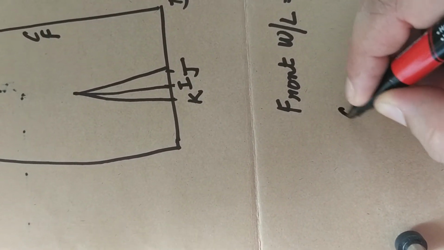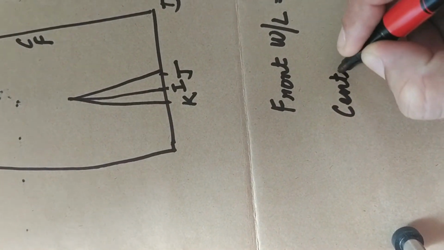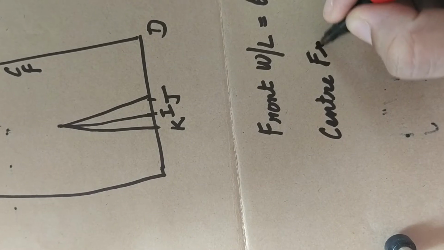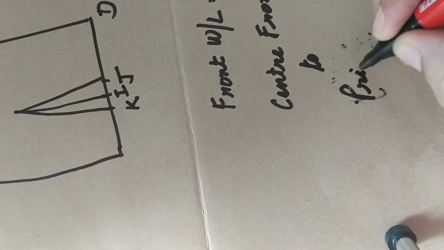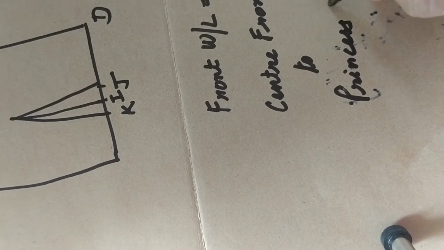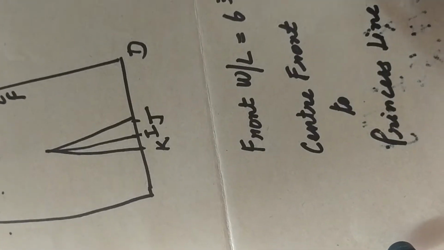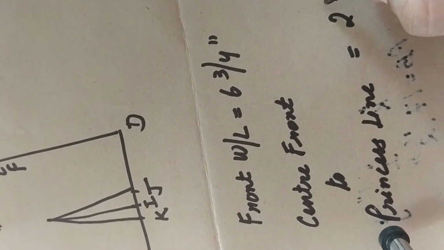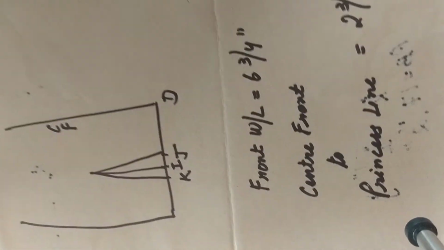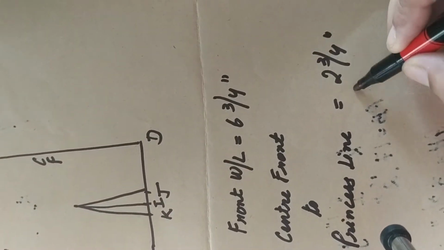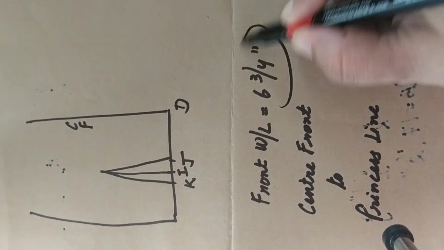And center front to princess line measurement is 3/4 inches. So to calculate the rest of the waist, what I need to do is subtract 3/4 from 3/4.